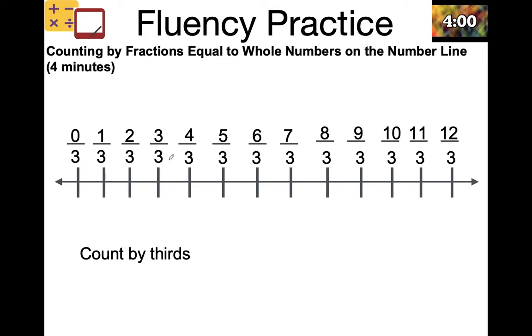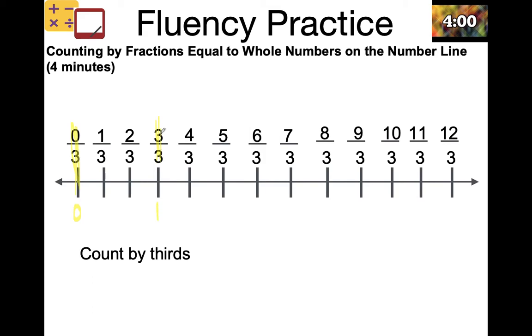I'm going to highlight the fact that 0 thirds is in fact a whole number. I can even write a 0 on the bottom. Then if we skip count by 3 equal spaces, we have 1, 2, and 3. And so you know that 3 over 3 is equivalent to 1 whole.